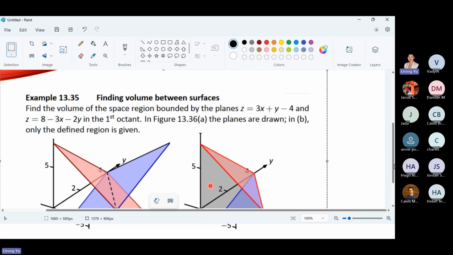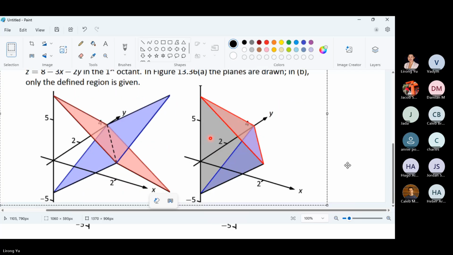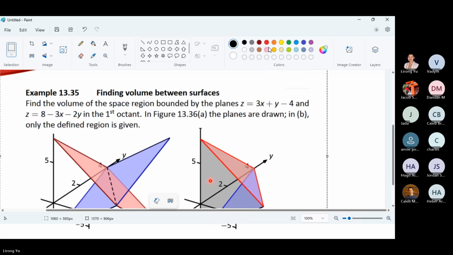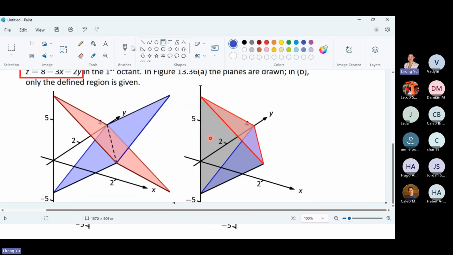So you see, this one is the top one. In that equation, we give the equation of the surface, which is the top plane, and then the bottom one is this one, which represents the purple region that we see here.